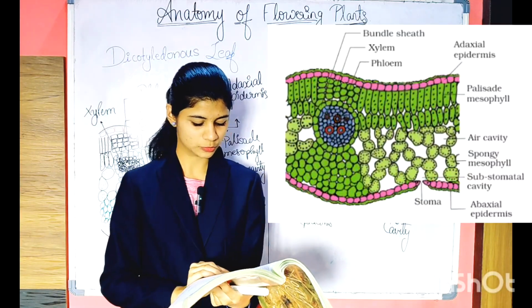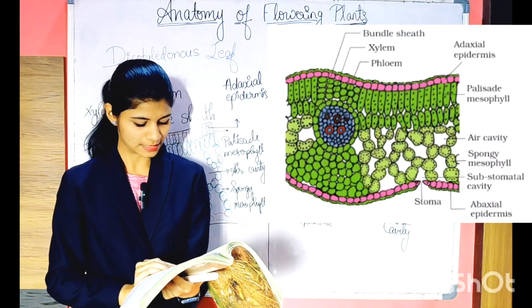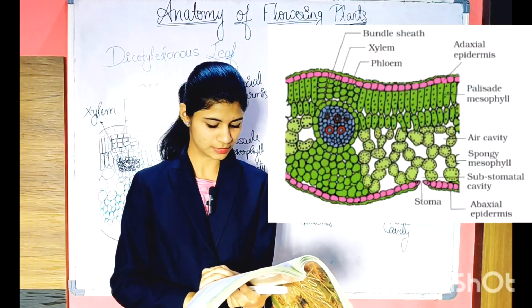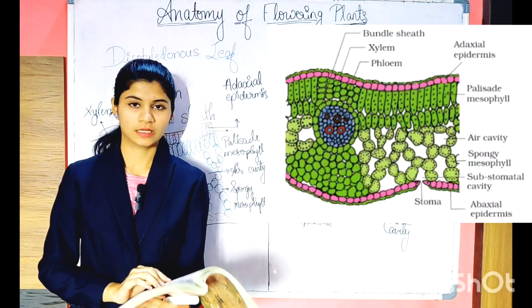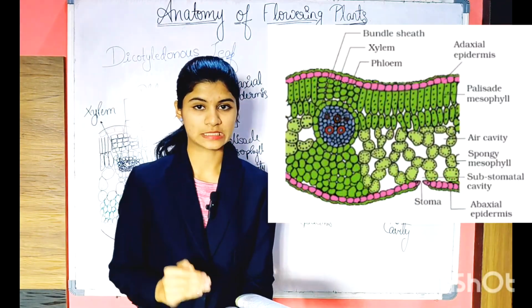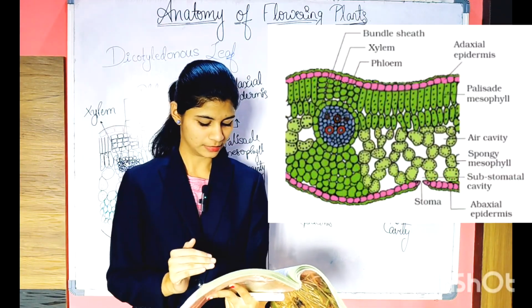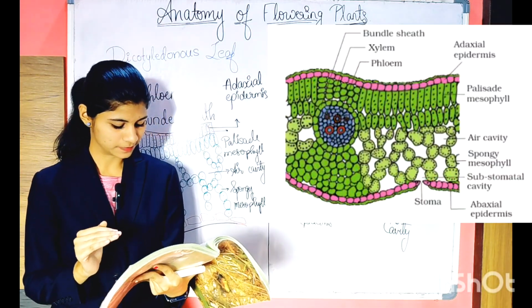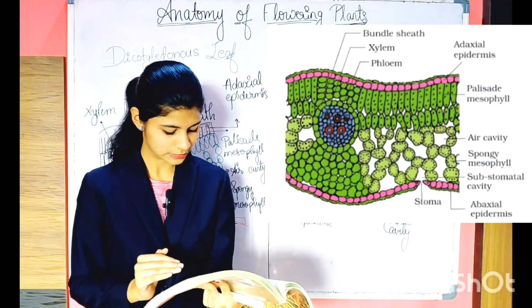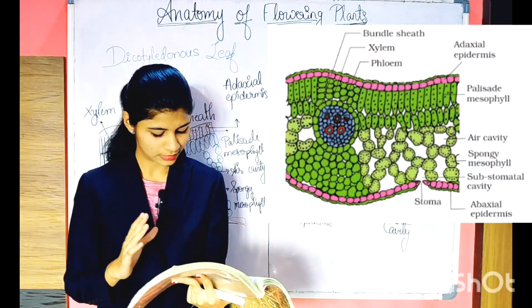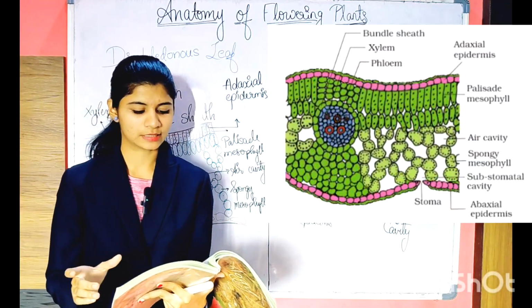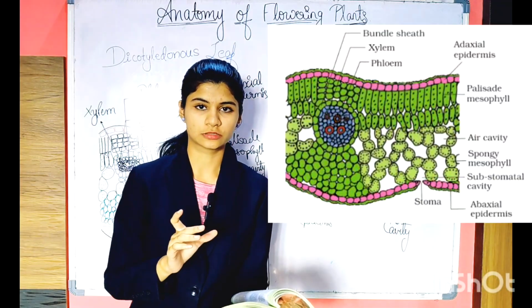Then it has two types of cells, the palisade parenchyma and the spongy parenchyma. One is known as spongy, the other is known as palisade. The adaxially placed palisade parenchyma is made up of elongated cells which are arranged vertically and parallel to each other.